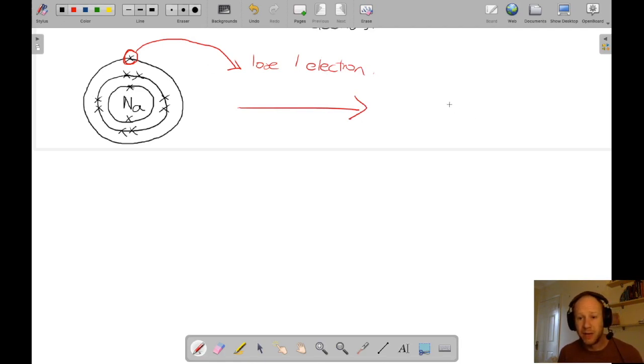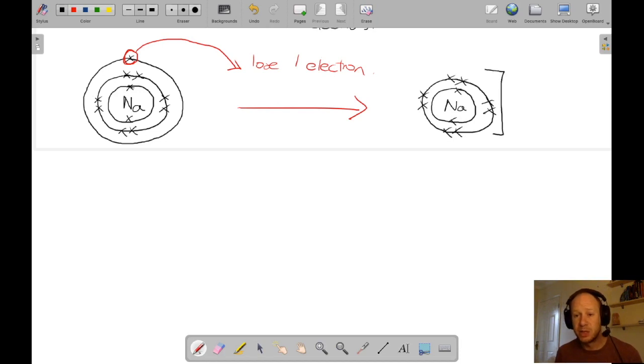Well, we'll have a sodium ion, which will look something like this. It'll have 2 electrons on the inside and then 8 electrons on the outside there. So this is what we'd get. We'd get a sodium 1+ ion. So the square brackets mean everything inside is positive. And then I'm also going to have one free electron. We've got one electron here, this extra electron that sort of came from over here.